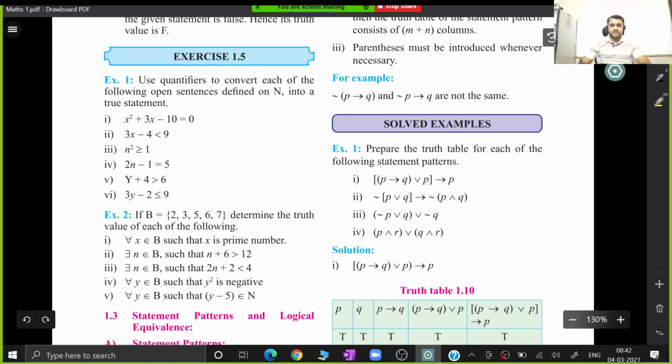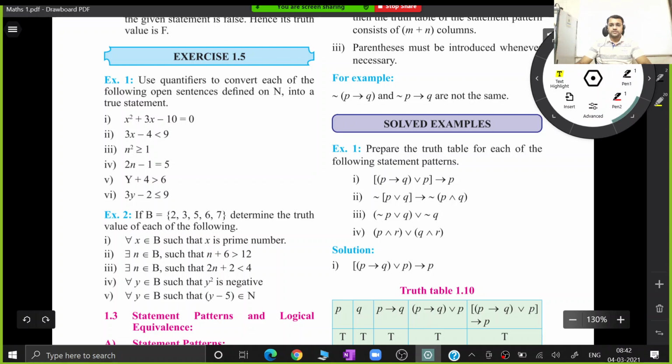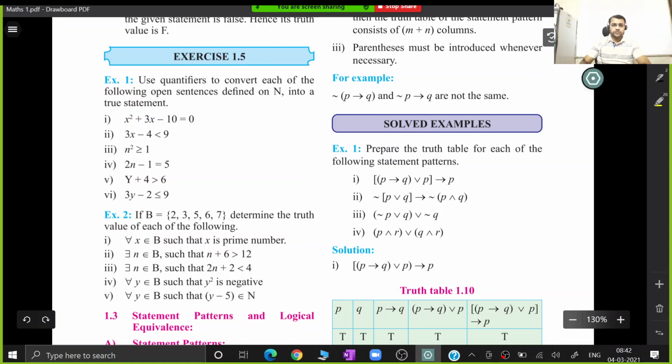Okay, so let us see the exercise. The question over here says that in the first question, we have to use the quantifier to convert each of the following open sentences defined on N into a true statement. So the first is x square plus 3x minus 10 is equal to 0.